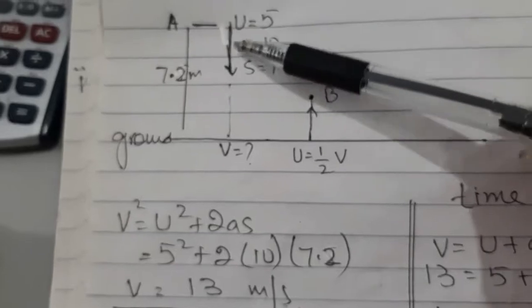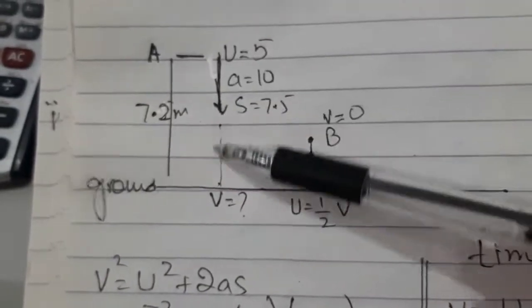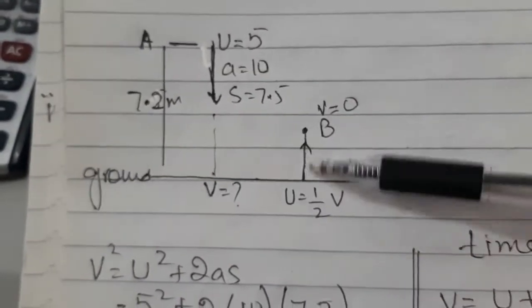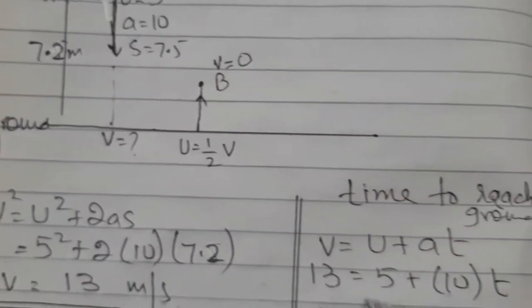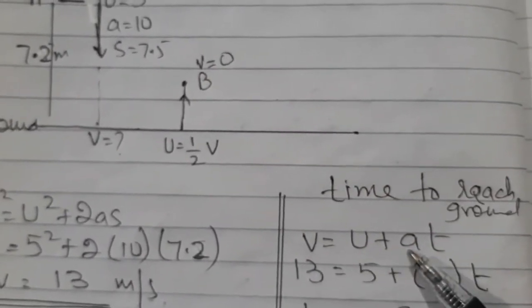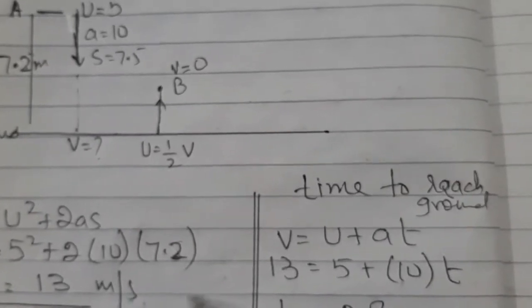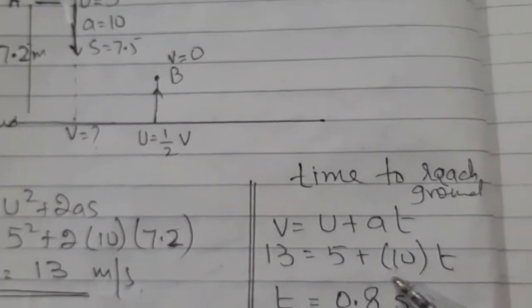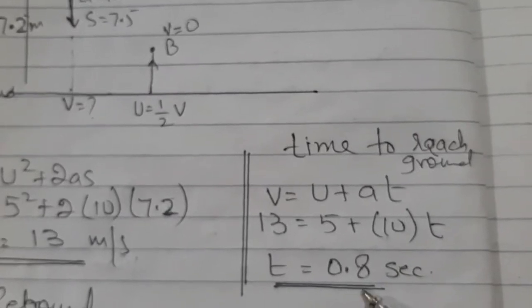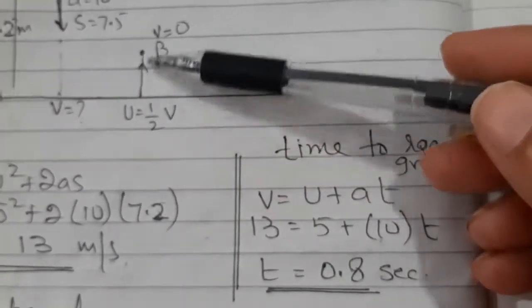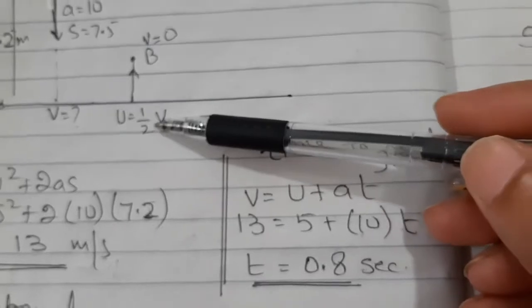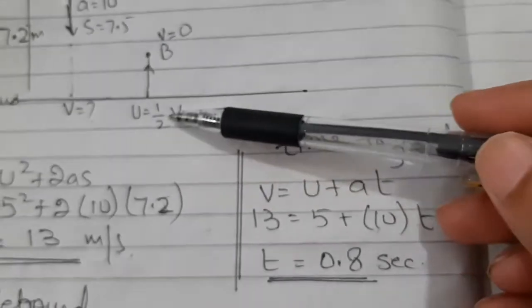Now I have to find this time also, yes or no? Because I have to find this time plus this time. So I'm using this equation, V is equal to U plus AT. V is 13, we have just found, and u is 5, so I got time 0.8. Now I have to find this time. V I already know, 13, so it means I know u.